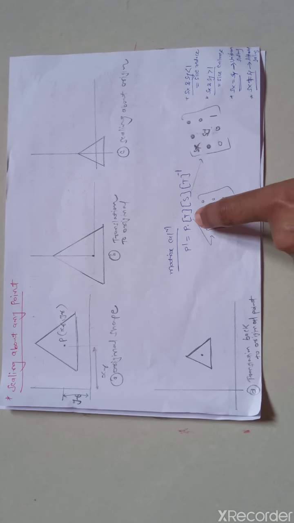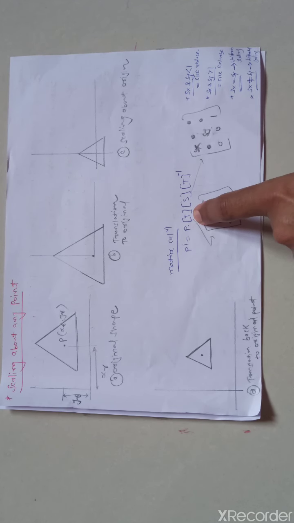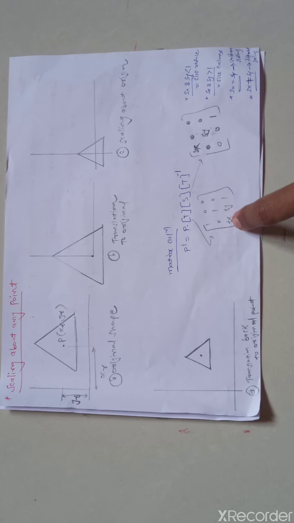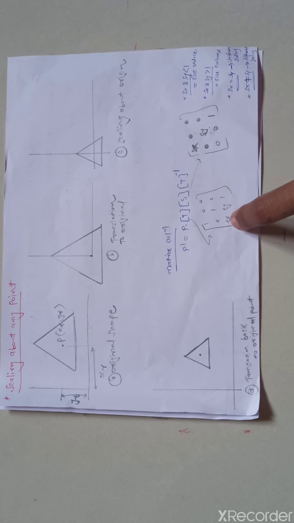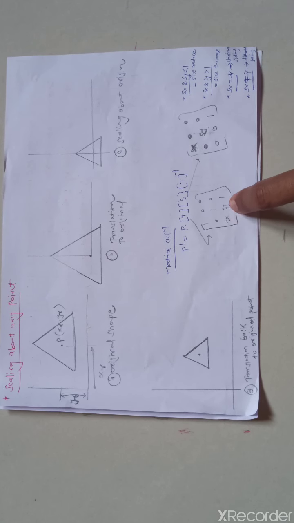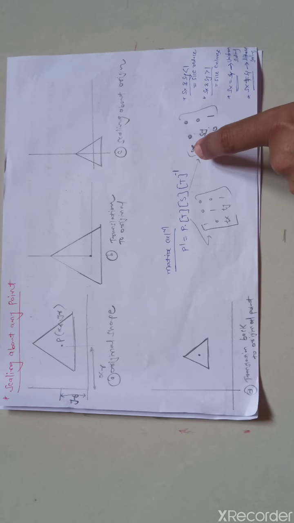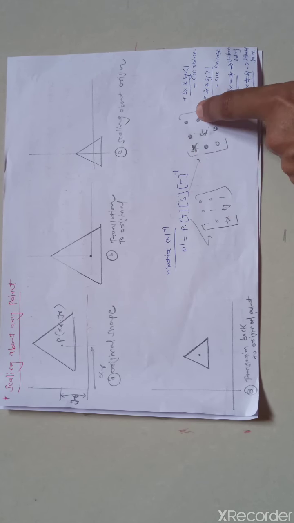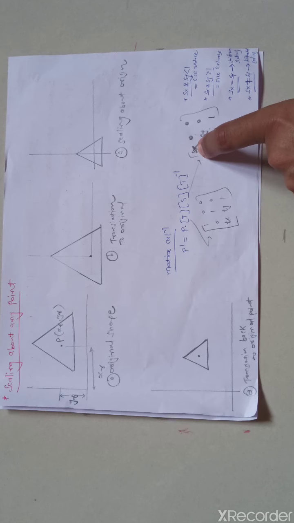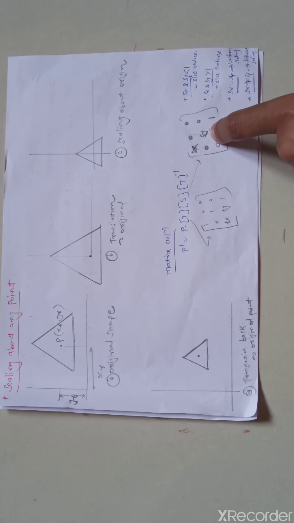Now we know the translation is given by the matrix [1 0 0; 0 1 0; tx ty 1]. Tx is translation in x direction, ty is translation in y direction. Similarly, scaling is given by the matrix [sx 0 0; 0 sy 0; 0 0 1]. Here sx means scaling in x direction and sy means scaling in y direction.